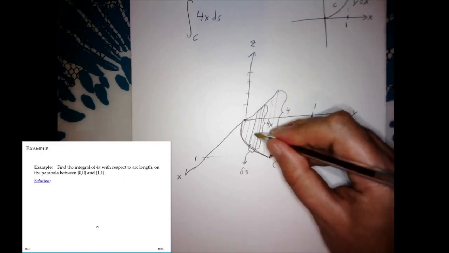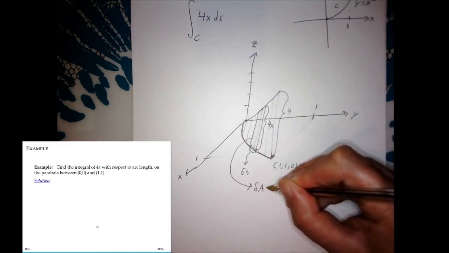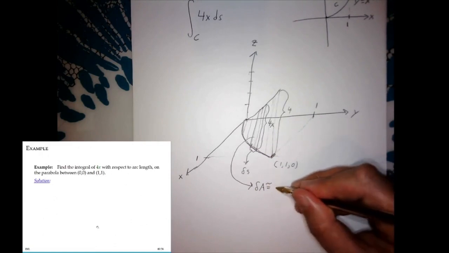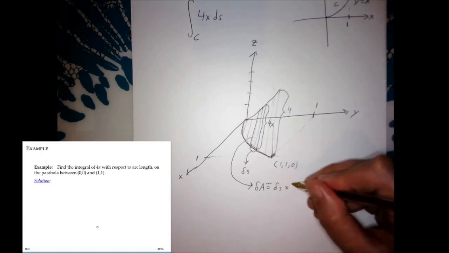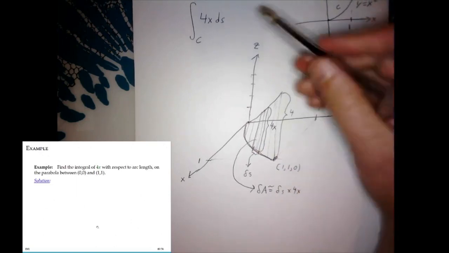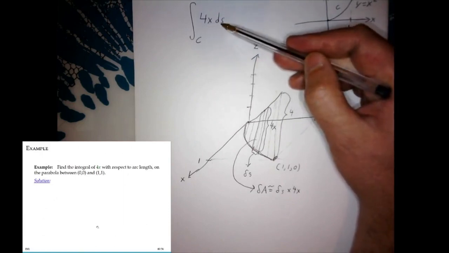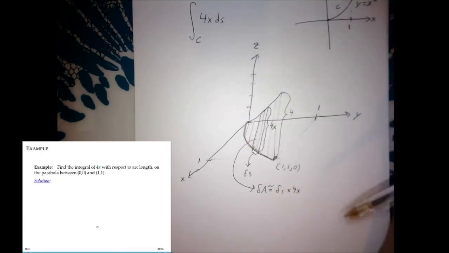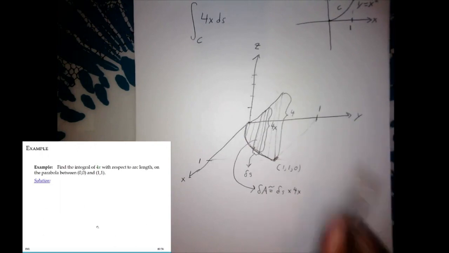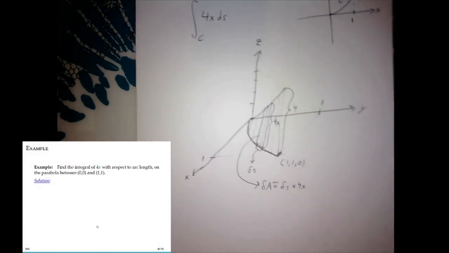So say that this little part has area delta A, and that area is approximately delta s, the arc length at the bottom, times the height 4x. And so when we do this line integral with respect to arc length, we have this height times this ds, delta s becomes ds, and we get the area of this curved surface. Okay, so this is a physical interpretation of what this line integral is giving us: the area of a curved surface.